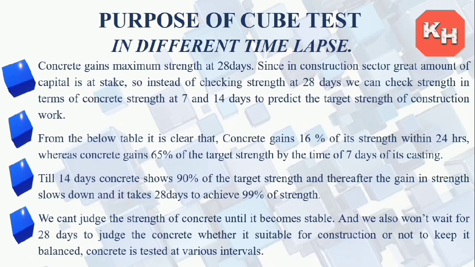We can judge the strength of concrete until it becomes stable, and we don't wait for 28 days to judge whether the concrete is suitable for construction or not. To keep it balanced, concrete is tested at various intervals.